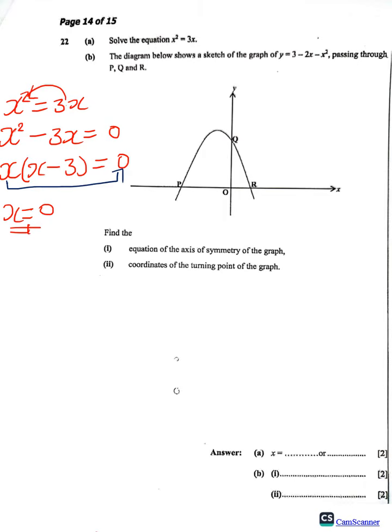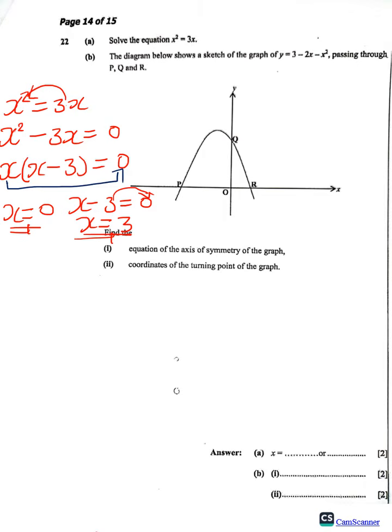Then the other value will be x minus 3 is equal to 0. Then we're going to move this negative 3 to the other side, giving us positive 3. So positive 3 plus 0, that is 3. So these are the solutions for the first part.